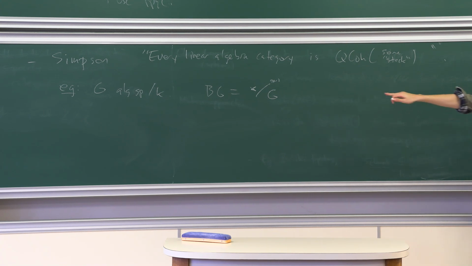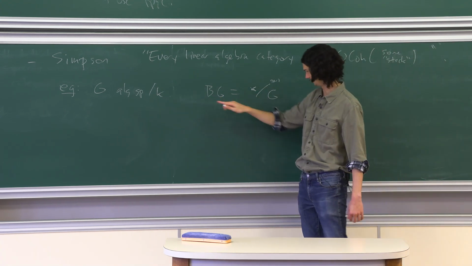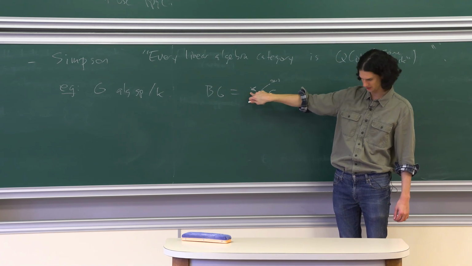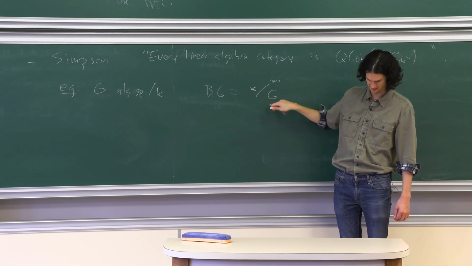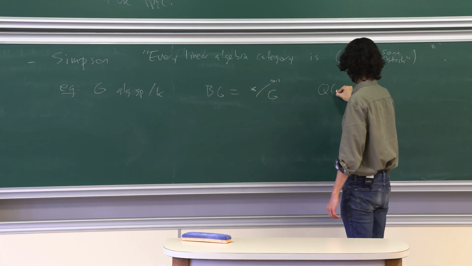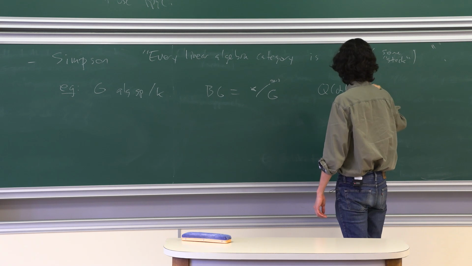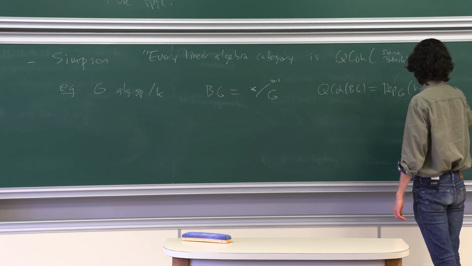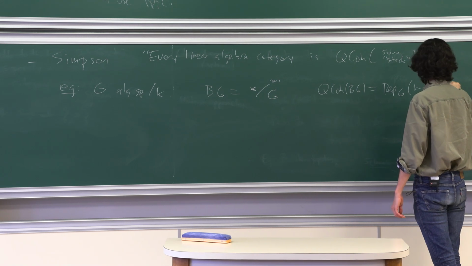A quasi-coherent sheaf on this should be a G-equivariant quasi-coherent sheaf on the point. But on a point, you're just getting a K vector space. And the G-equivariance exactly means you have a representation of G. So: G representation in K vector space.